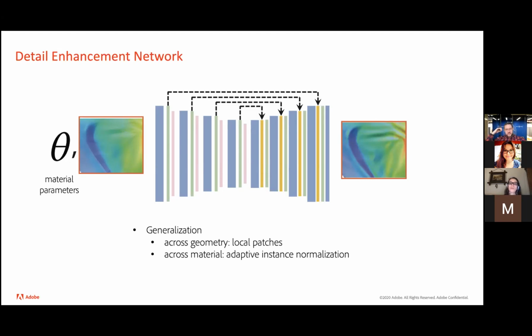So basically, you train your network and based on the different styles you want to transfer, you try to adapt the parameters of your network by some simple scaling and shifting. So we use the same trick. We have a network trained, and based on the different material types we have, we add this adaptive instance normalization layer to adjust the parameters of the network so we can generalize across different material types. So the gist of it was really to look at this problem as a style transfer task.